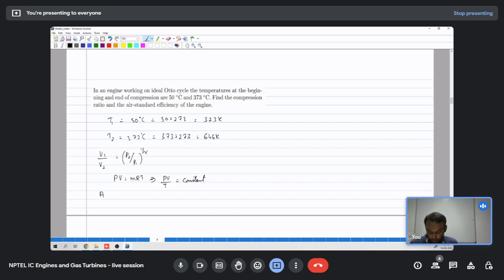That means P1 V1 by T1 is equal to P2 V2 by T2. Using the previous relation, we can write P2 by P1 is V1 by V2 power gamma.